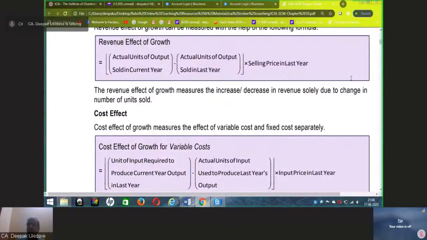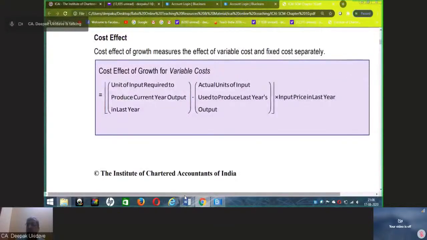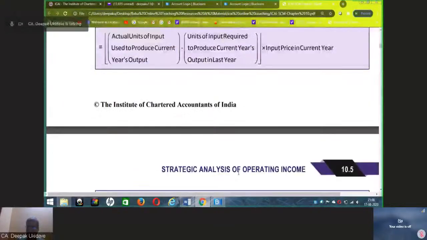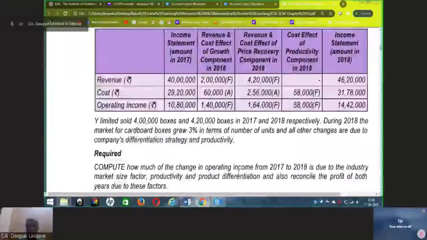146 is saying 140 minus 84. That is given in the question. So can we pick up as it is? Changes due to product differentiation is done in working note 3. So the breakup of 2,20,000 he is writing. There is the third part which is 56,000: 1,40,000 minus 84,000.